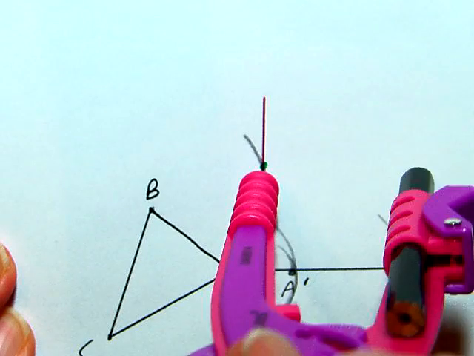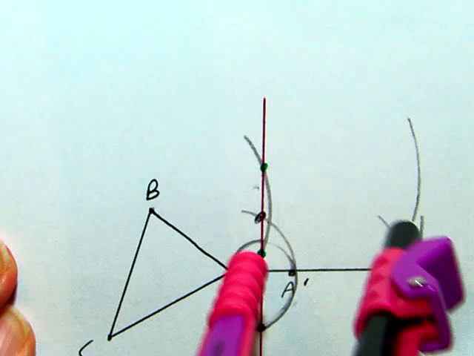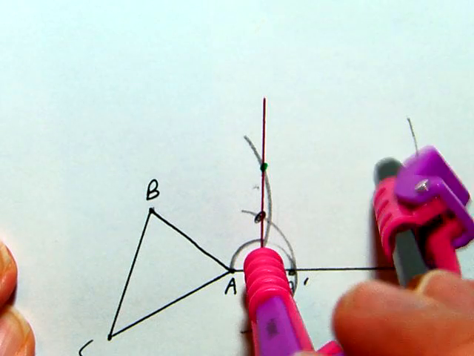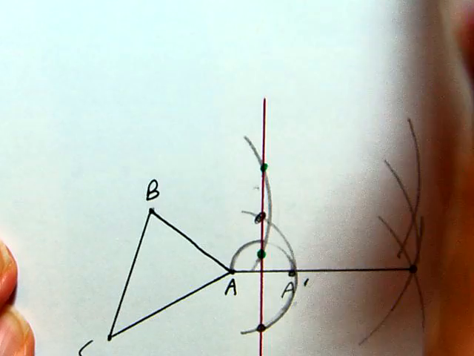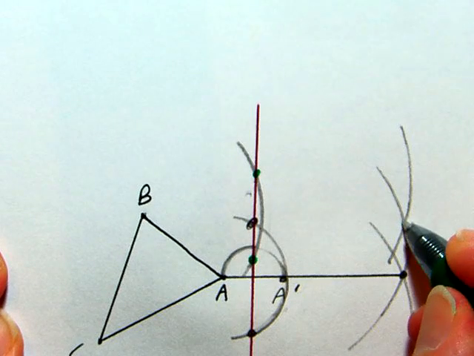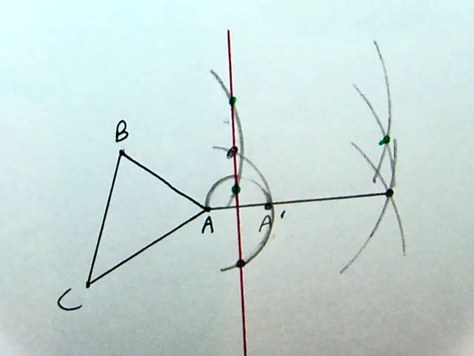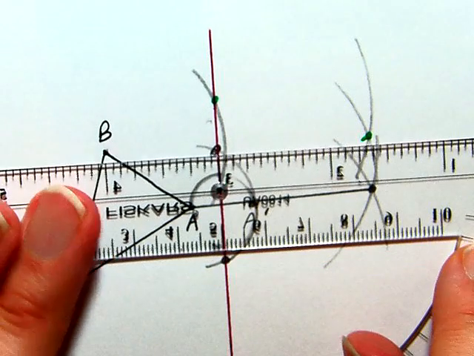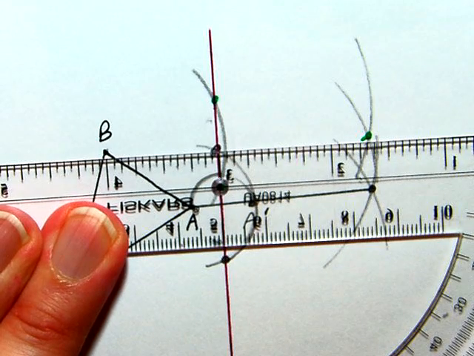Start with this point, create an arc, like that. Then go to this point, create another arc over here. And those two arcs intersect in this green point over here. So if I now connect B with that new point, I should get another perpendicular bisector. Do that in pencil.